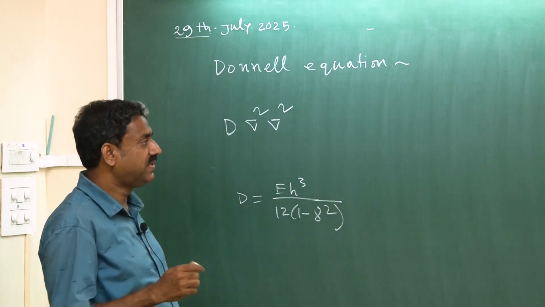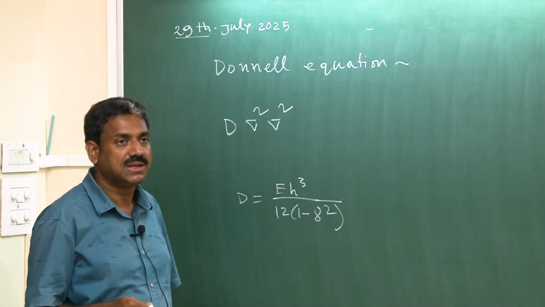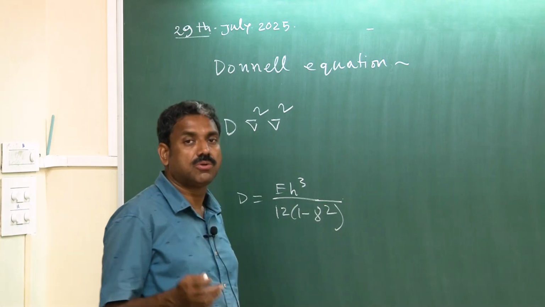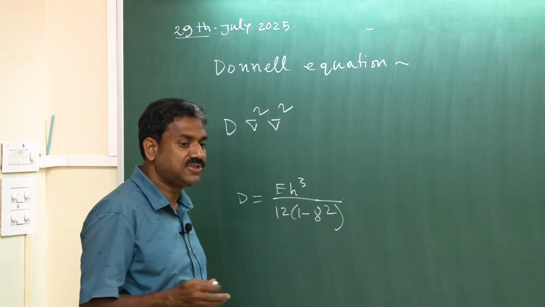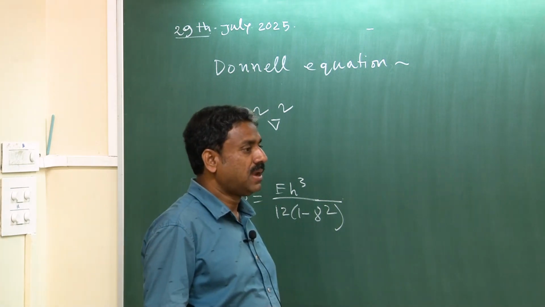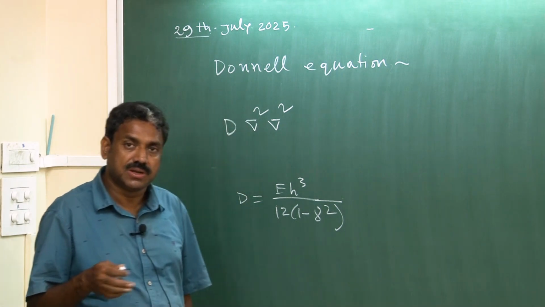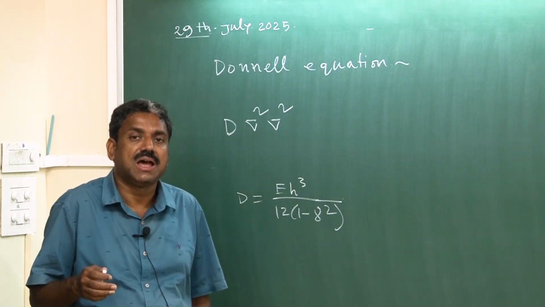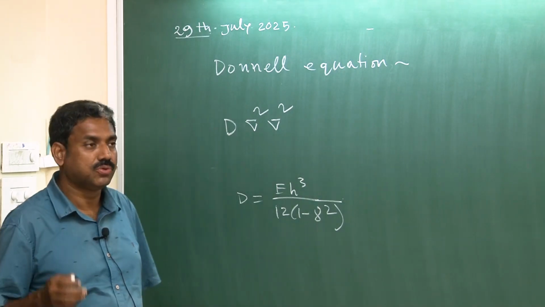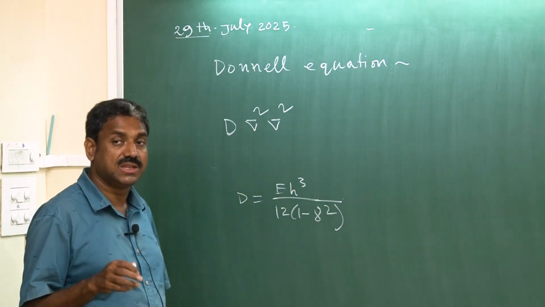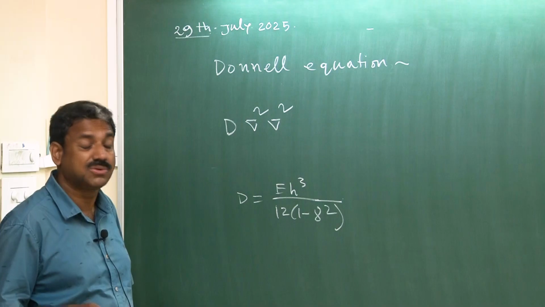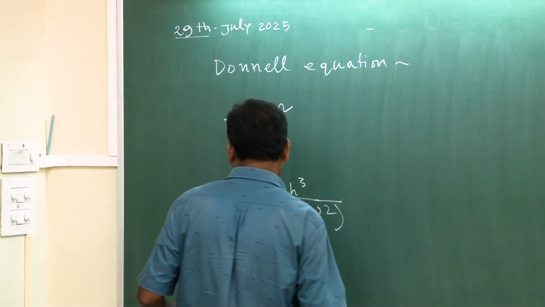The derivation is very similar to the plate, except that an additional strain term comes out of the curvature geometry. Some additional terms were neglected given that r is very large compared to the other terms. Whenever 1 by r or r square terms appeared in the denominator, we neglected those terms in the strain expression.